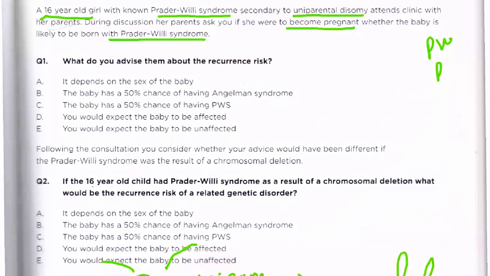I make it like this. This is my chromosome number 15. This I have taken from my mother, this I have taken from my father. In Prader-Willi syndrome, what is going to happen? The chromosome which is taken from the father is either deleted, which is the most common type of the imprinting disorder that may be present.